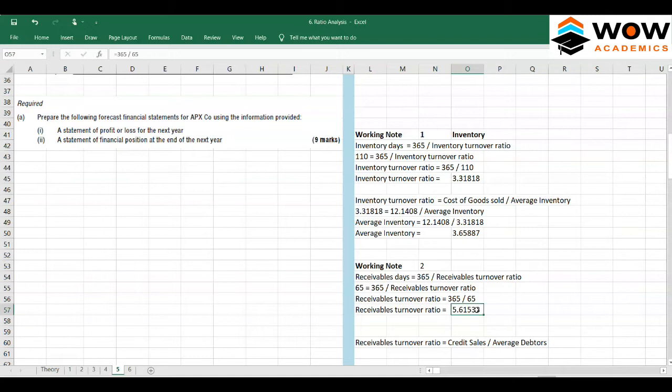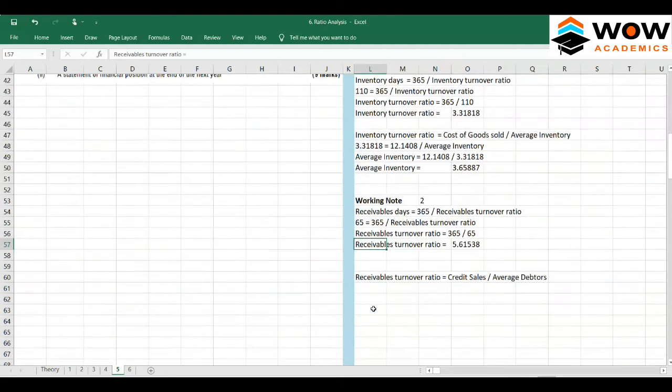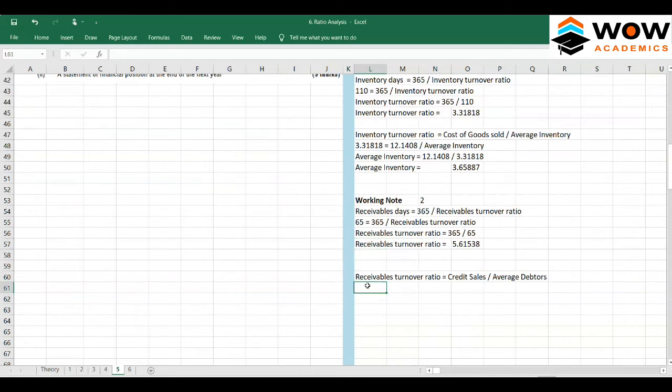The receivable turnover ratio is 5.6, so we can insert that here. We know that it is 5.61538.